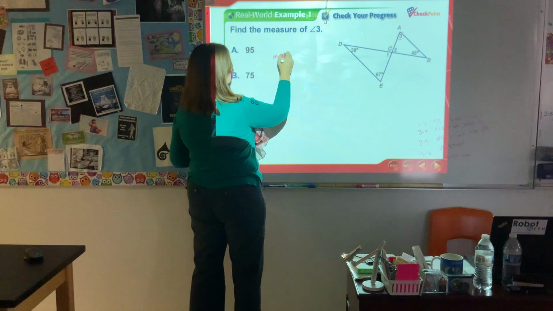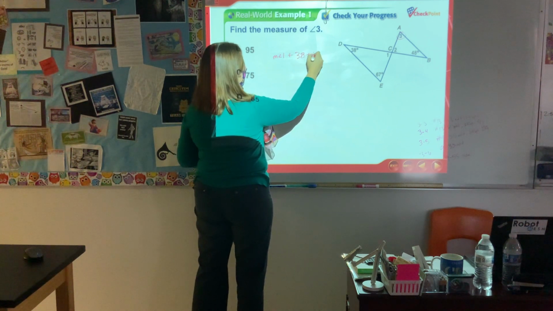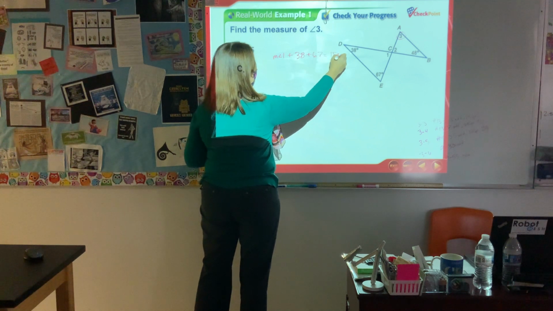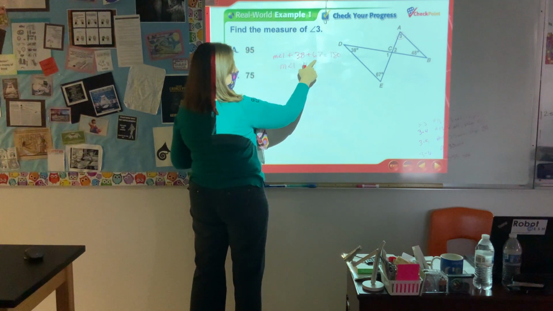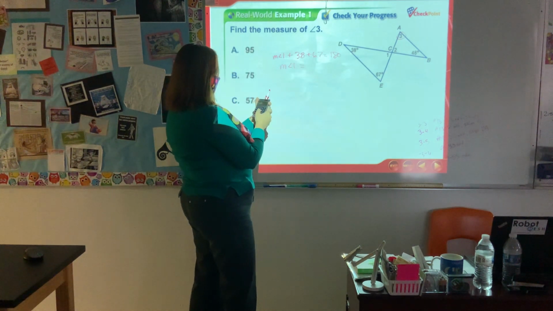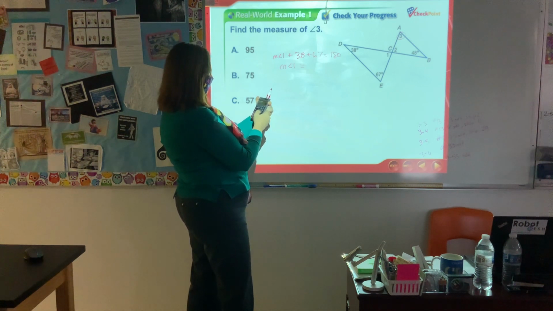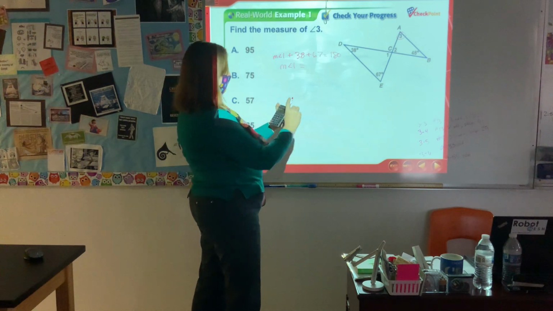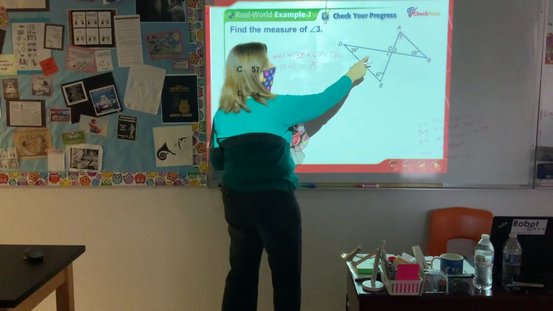The measure of angle 1 plus 38 plus 67 is equal to 180. Measure of angle 1 is 180 subtract these other two angles. 180 subtract 38 subtract 67, and I'm left with 75. Seems reasonable.